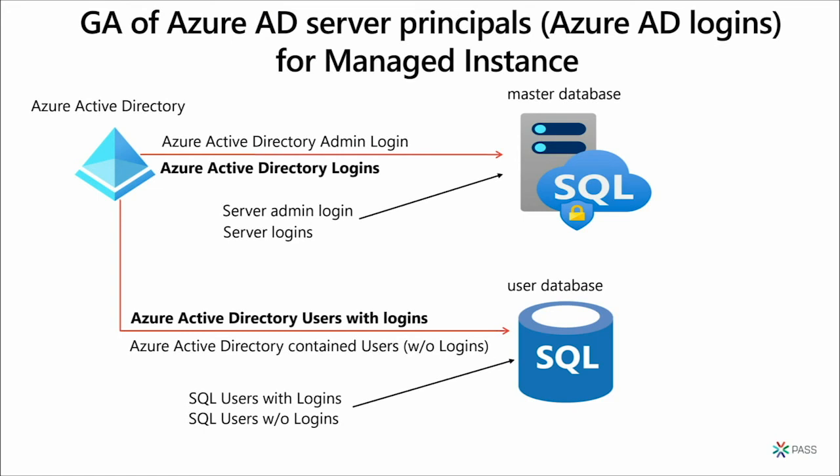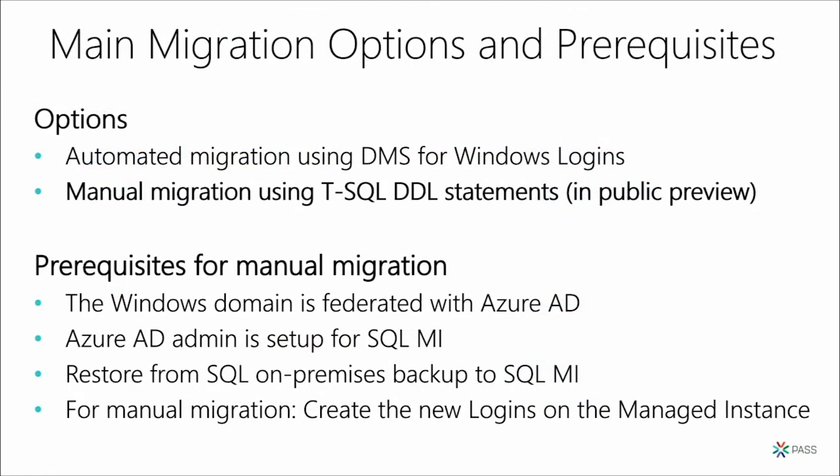Because the majority of scenarios today is that on-prem is running on Windows authentication, and you have Windows logins, Windows groups, and then obviously Windows users. So what we help with here in the migration process is offer two possibilities.